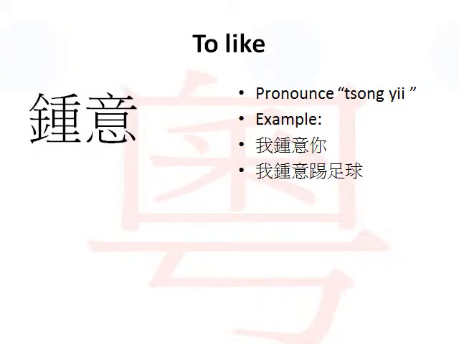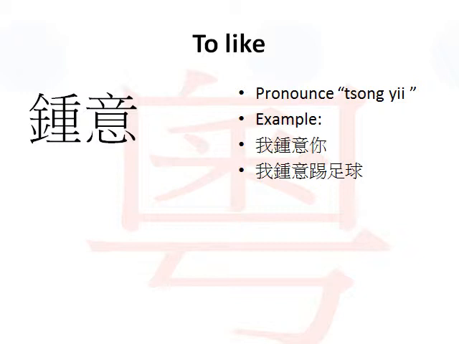So let's get started. For the verb to like in Cantonese, we actually use two kanjis to represent it, as you can see on the left hand side. The Cantonese pronunciation of the verb to like is 中意.